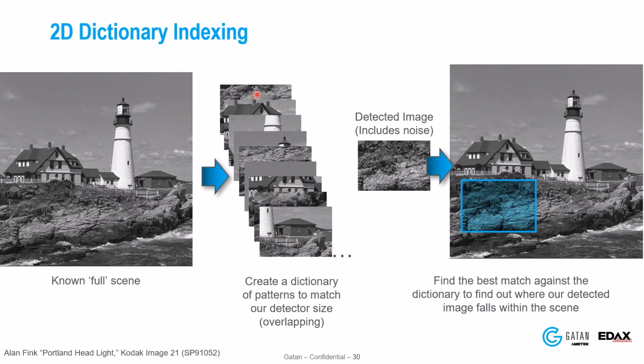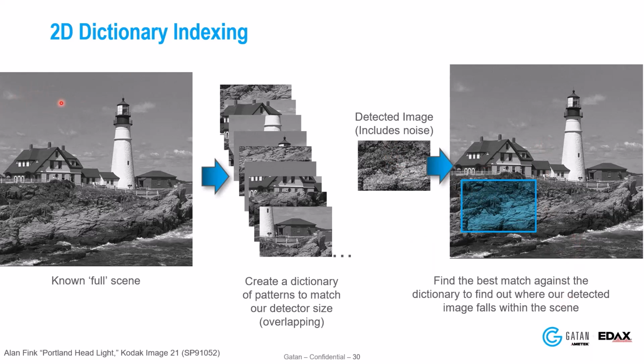So this is basically a 2D schematic of the dictionary process, just so we'll be able to understand what we do with spherical a little bit easier. So we take some reference of a known material. So this is the full scene here, and then we have different sections, different pictures of subsets of this, and then we're looking for the pattern that matches our experimental image the best to find the area within the scene.